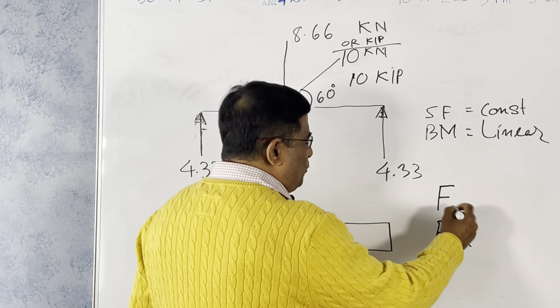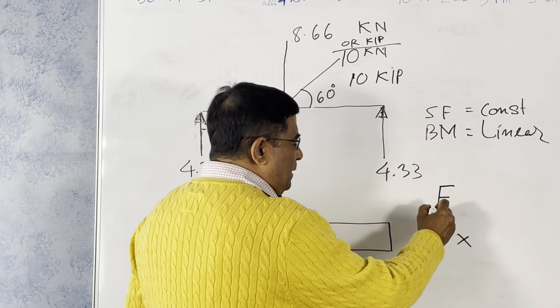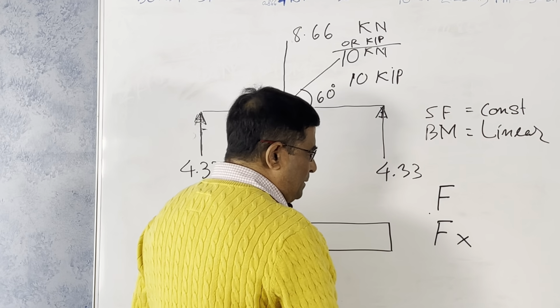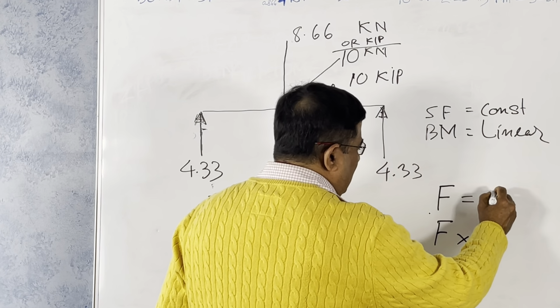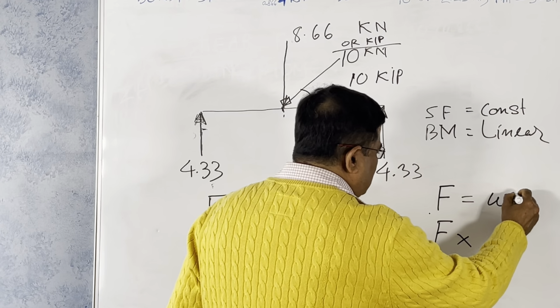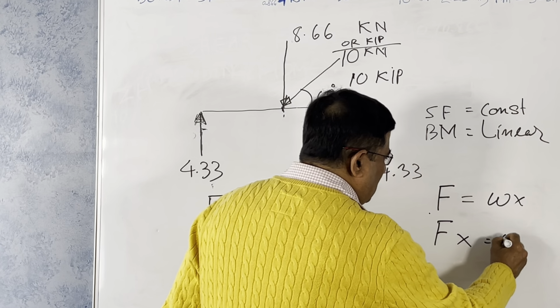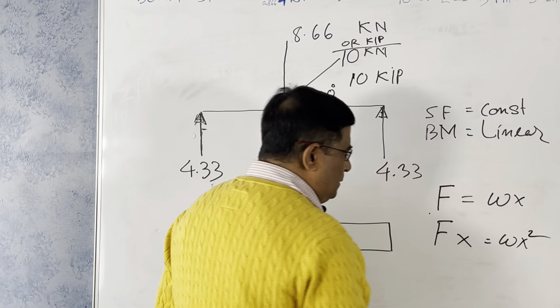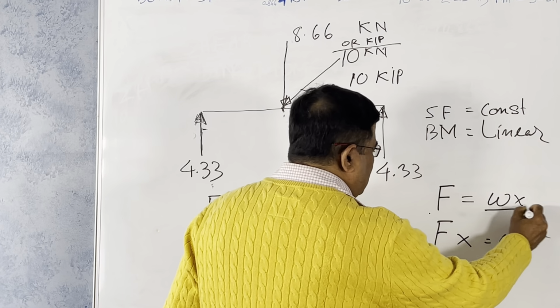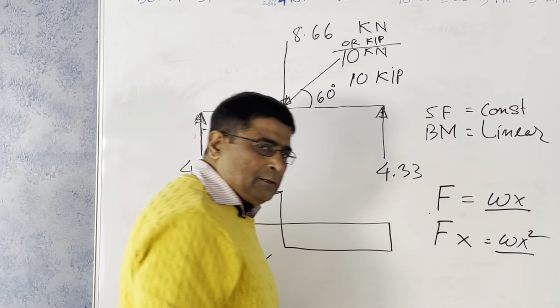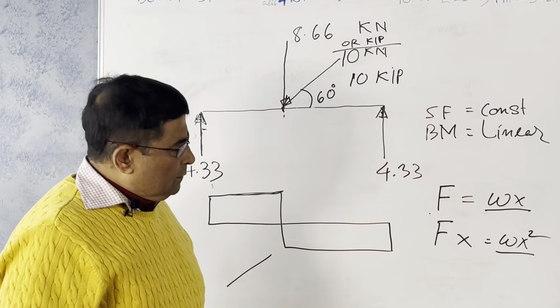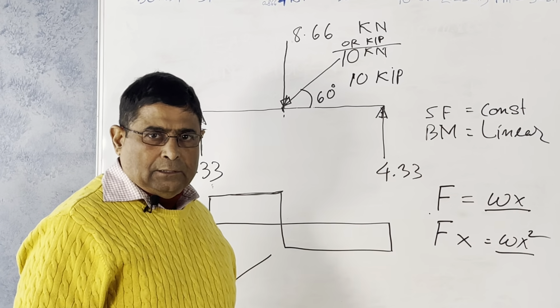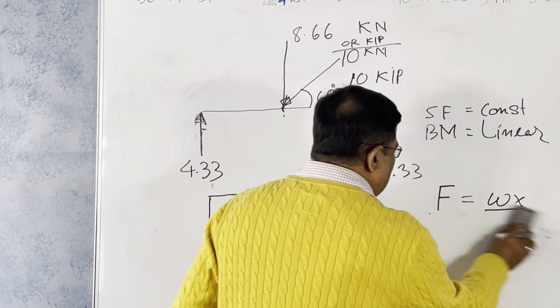If you consider X is a variable, F is some value, so Wx, it will be Wx square. So if it is linear, it will be parabolic, one degree ahead. So don't get confused with that.